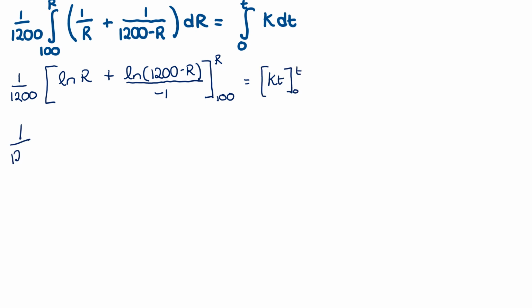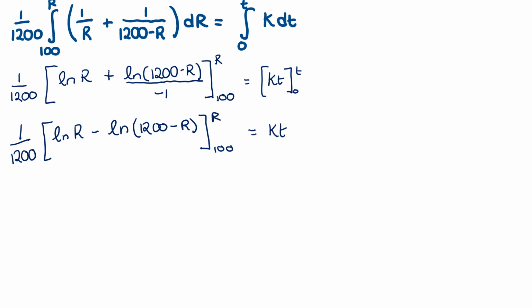I'm going to leave this 1200 out here for a minute. We get ln R minus ln 1200 minus R. And again, we're evaluating that between 100 and R. This is KT minus K times 0, so it's just KT. In order to make this a little bit easier, I'm going to actually multiply both sides by 1200 now and bring that 1200 over here.